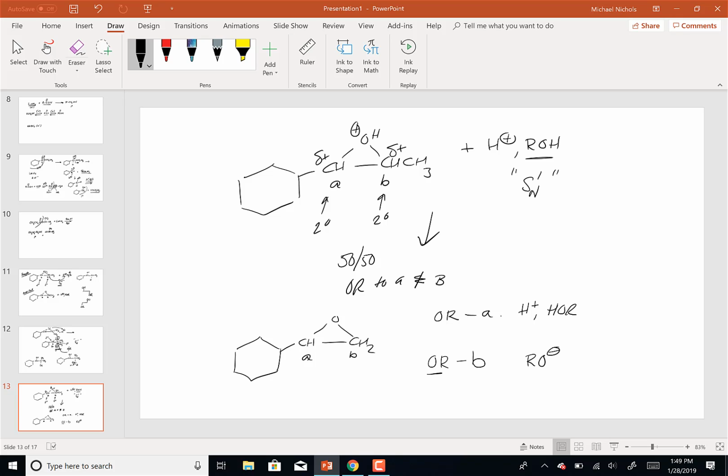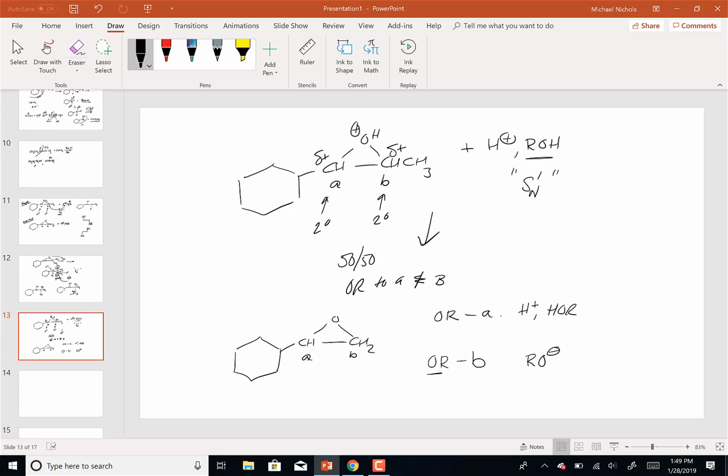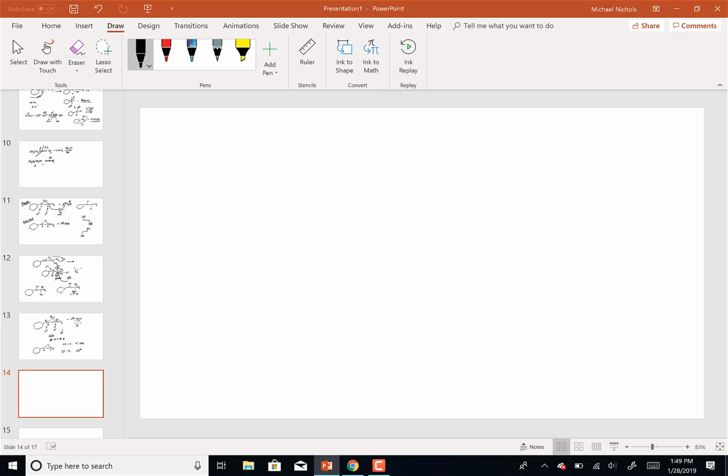Now, one thing that I didn't go over as a review was what are the two methods that you use to make epoxides out of alkenes. So I'll just leave this as a question for you to ponder. If I have this alkene, what two reagents or sets of reagents could I use to make the epoxide?